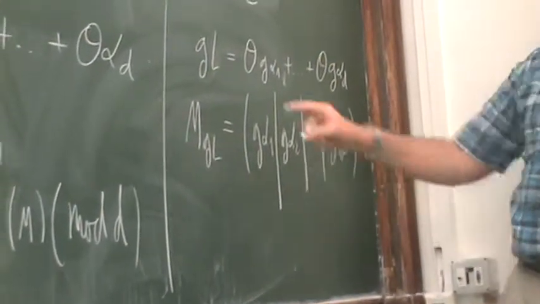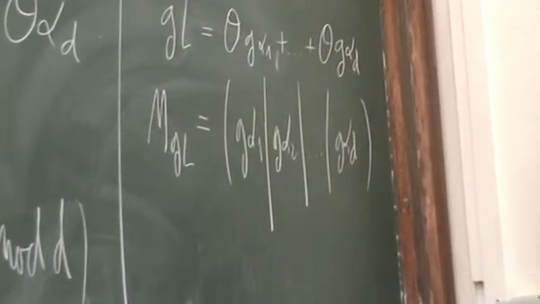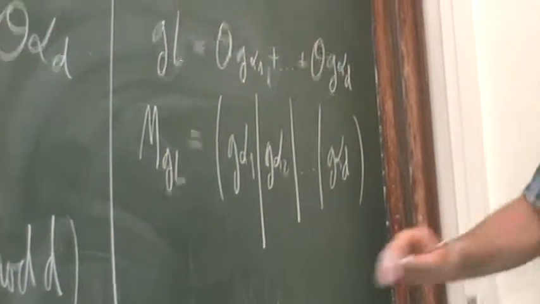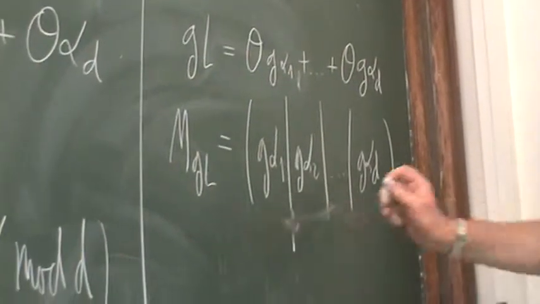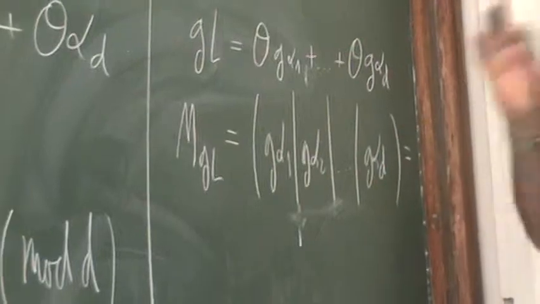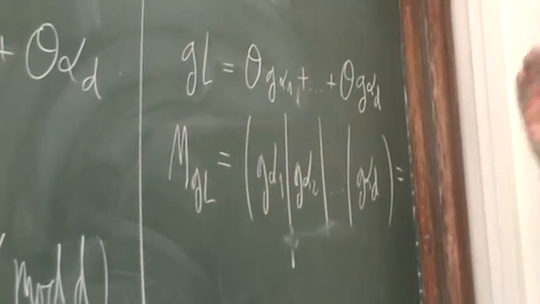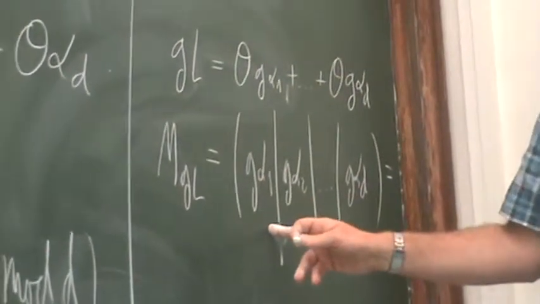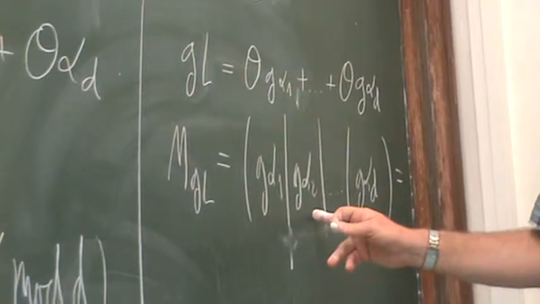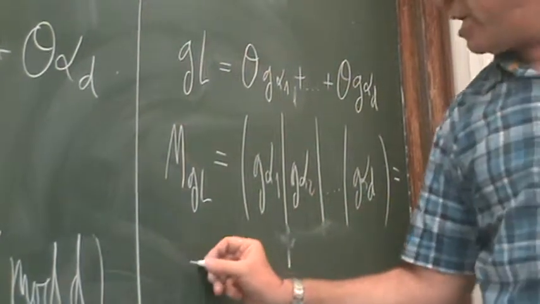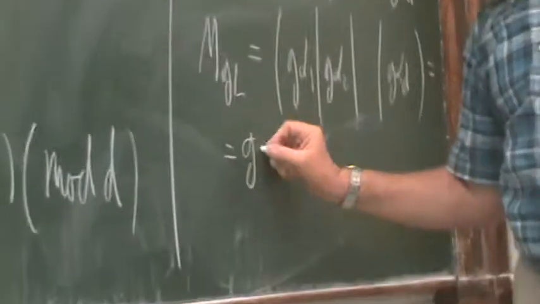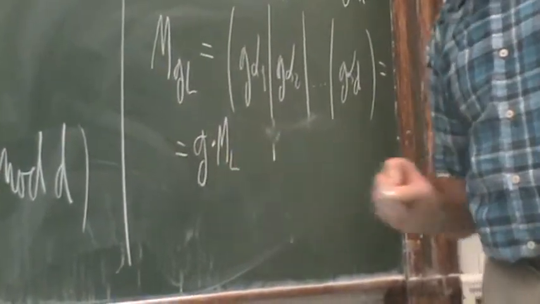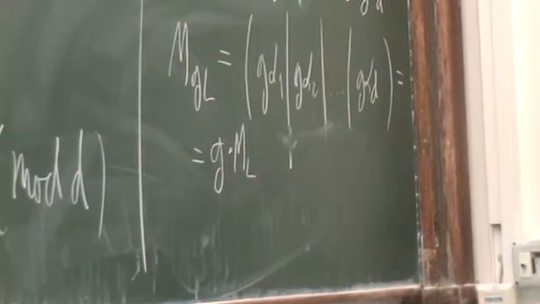This is the matrix associated with the image of L. But this matrix is exactly, think about multiplication of matrices: I multiply the first column by G, the second column by G, etc. So this is the same as G times M of L. You agree?